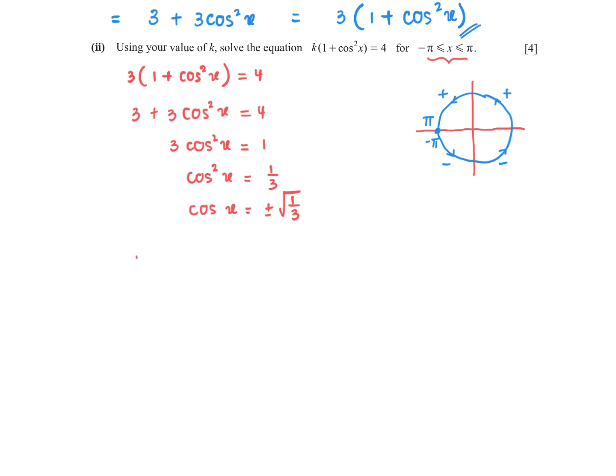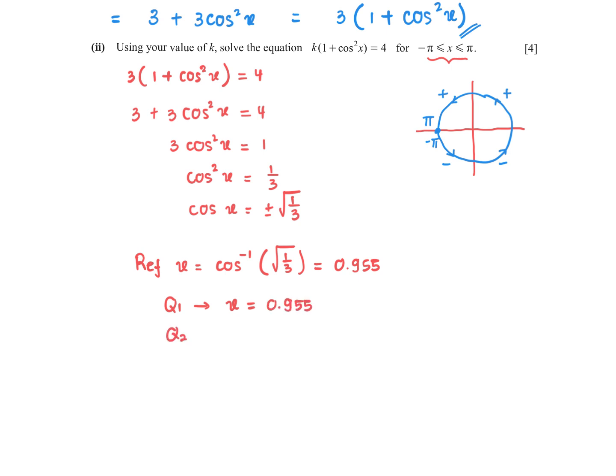Find the reference angle. The reference angle x is equal to cos inverse of root of 1 over 3, which is equal to, don't forget to use radians mode, 0.955 radians. So that means in quadrant 1, x is equal to the reference angle itself.